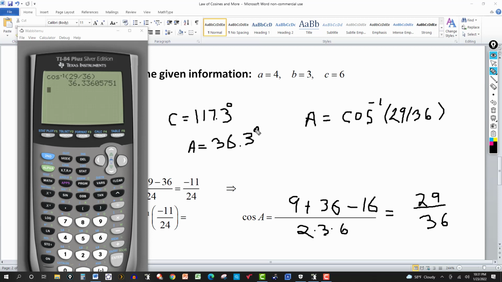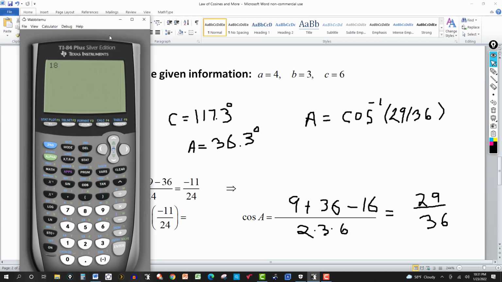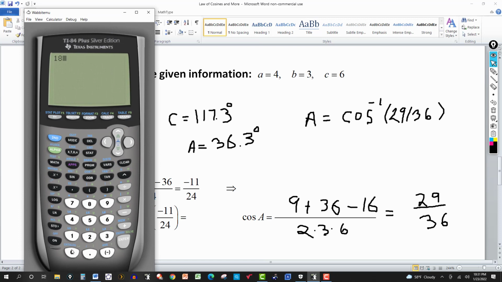Degrees. Now we need angle B. I could do it the same way using the formula for cosine of B, but since I already know two of the angles, I simply add these up and subtract from 180. Let's just say 180 minus 36.3 minus 117.3.